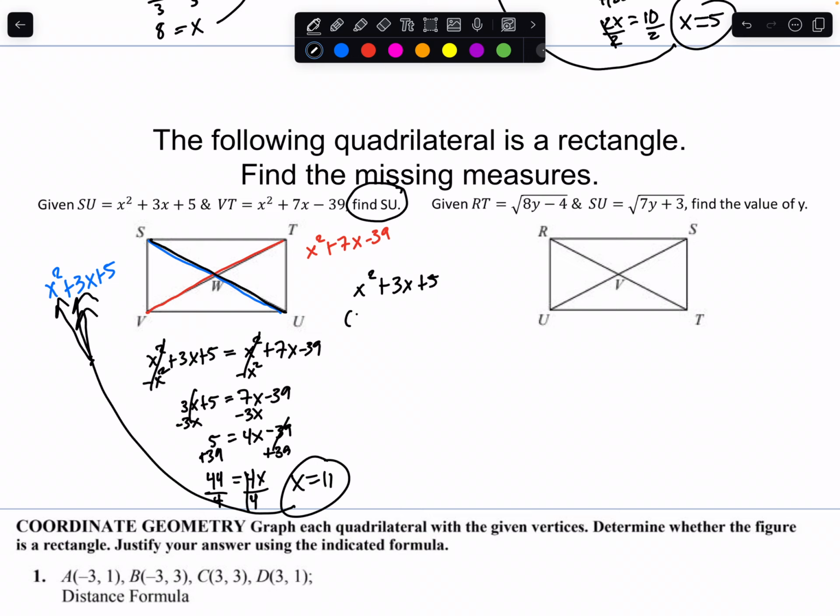When I plug it in, I have 11 squared, 3 times 11 plus 5. 11 squared is just 121. 3 times 11 is 33 plus 5. As I add things together, 121 plus 33 plus 5, I get 159. SU, the full length, will equal 159.